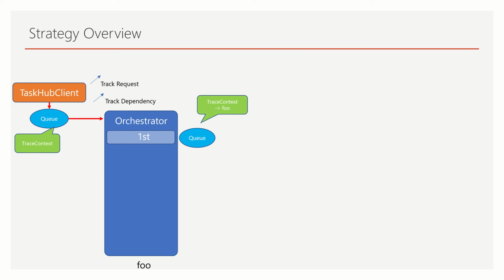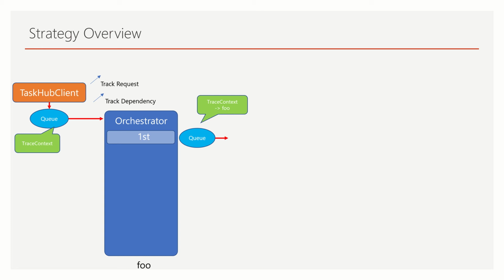Also look at this: it has a foo context. This orchestrator is called foo, which means this context is for the orchestrator. The orchestrator generates a new trace context with a new ID, and this is preserved in the trace context.